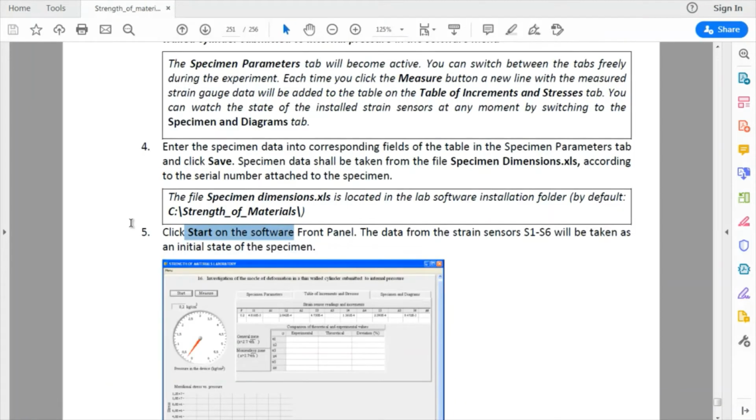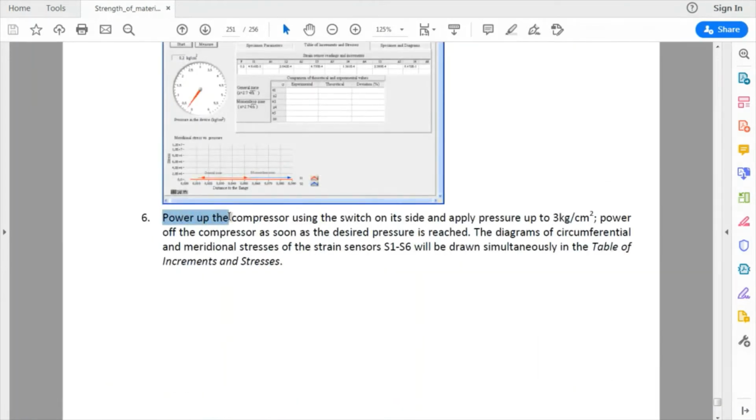Now going back to the manual, we need to power up the compressor using the switch on its side and apply a new pressure of 3 kg per square centimeter. So we can power the compressor on and off based on the measurement available on the pressure measurement device in the hardware.